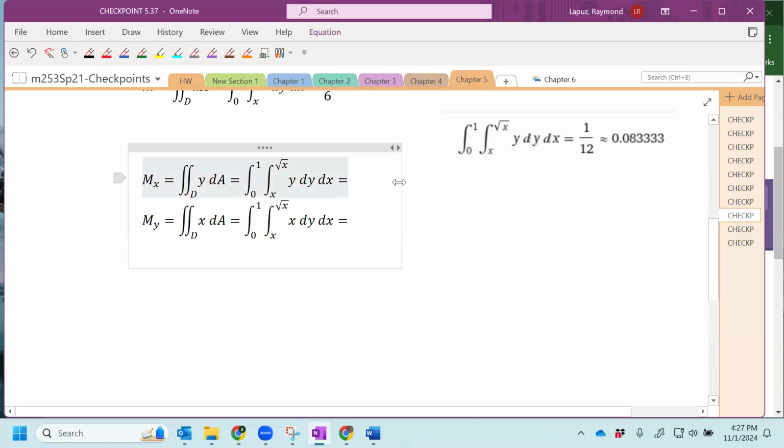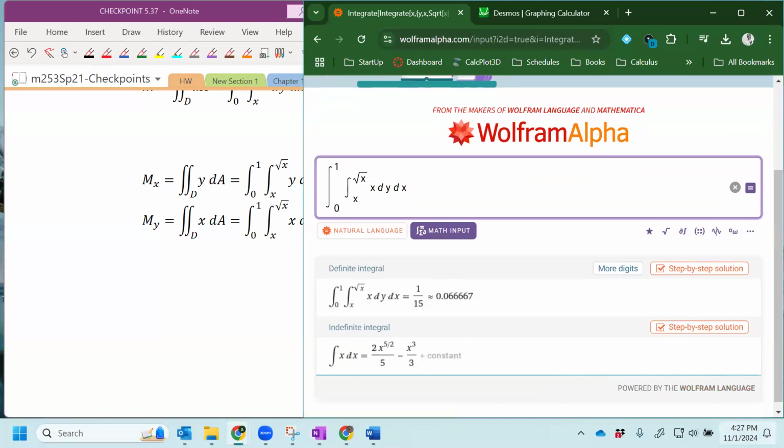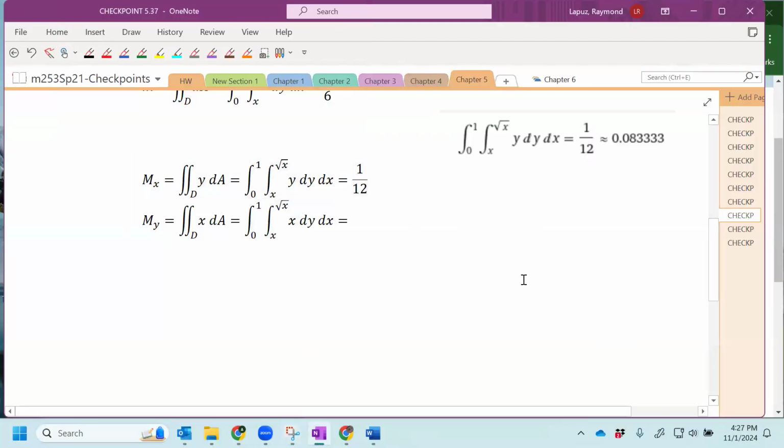And then what happens when we put x in here? We will get 1/15.